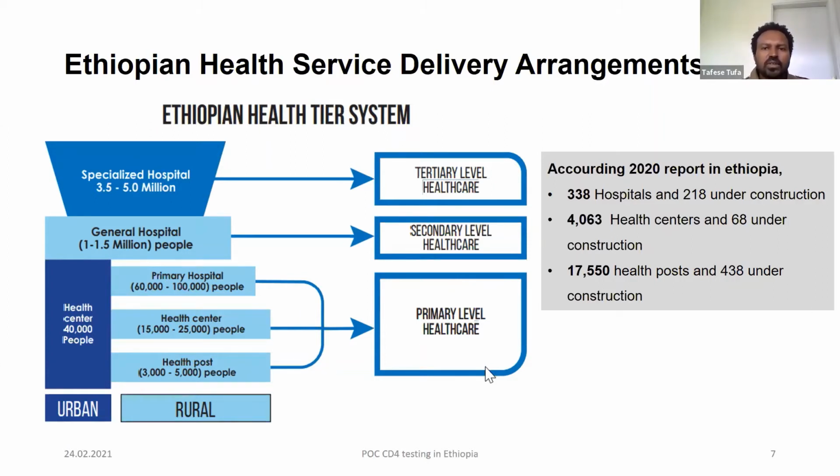For secondary level, there is the general hospital, which can serve up to 1.5 million people, and the tertiary level is the teaching or university hospital, which can serve up to 5 million. My hospital, as a teaching hospital, is one of those.